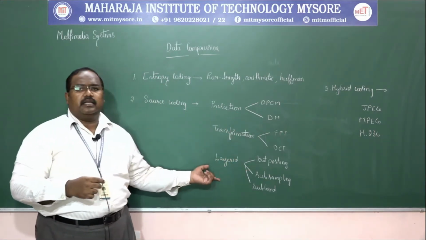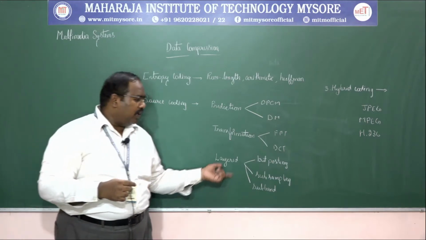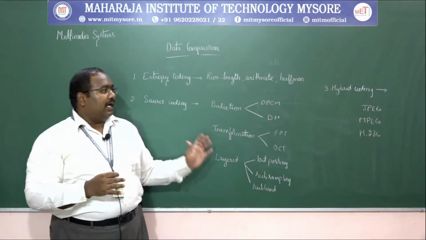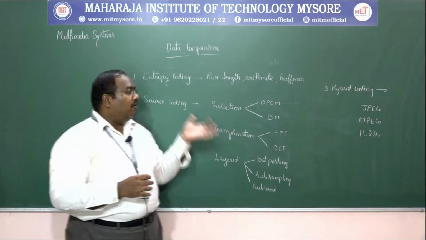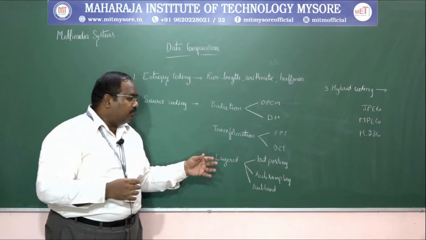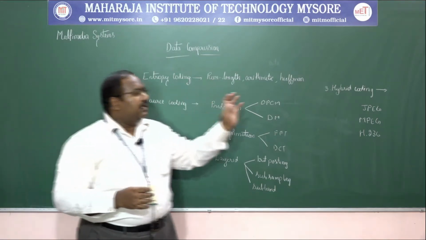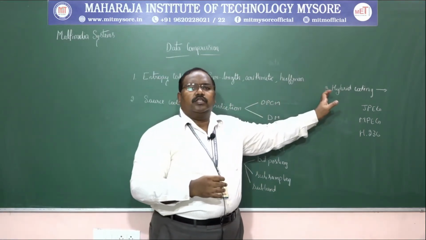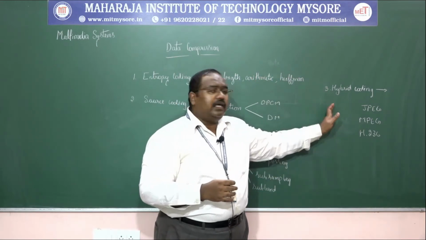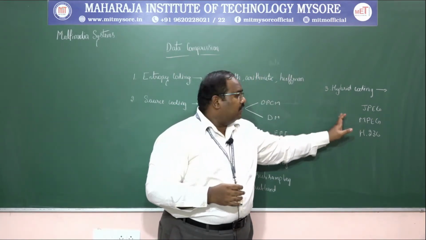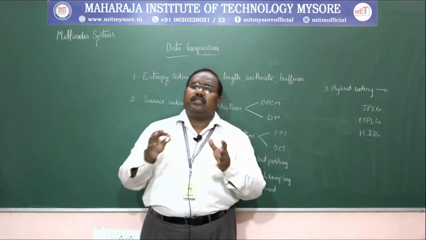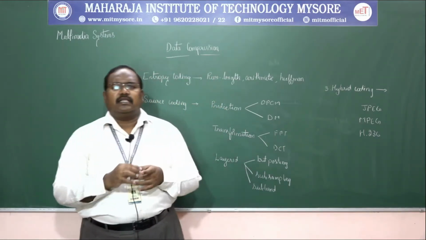Under the layered techniques of coding, we have bit positioning, subsampling and subband coding. And finally, the combination of these, the different techniques of source and entropy in combination, is the hybrid coding. So we employ this kind of technique with respect to JPEG, MPEG and also H.261 formats and various other formats.